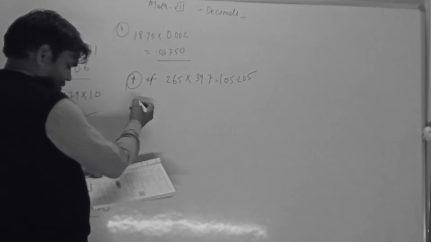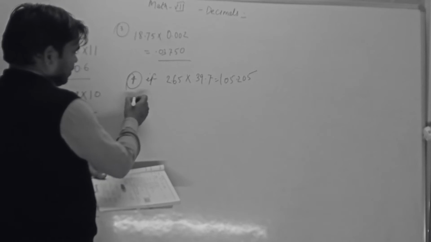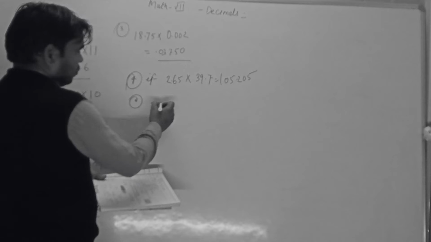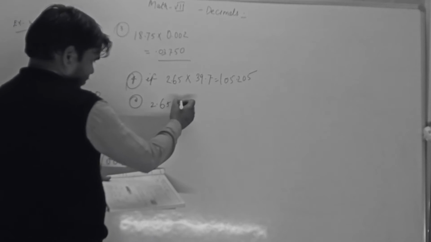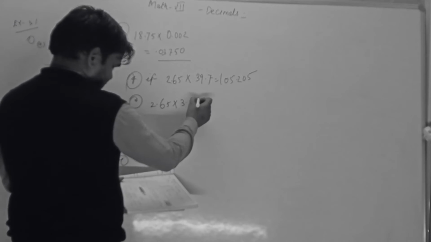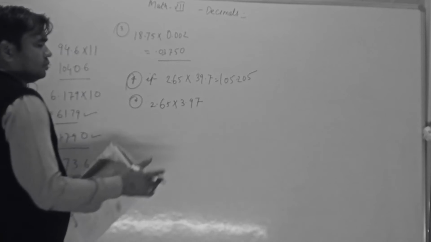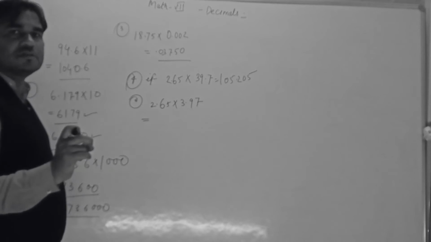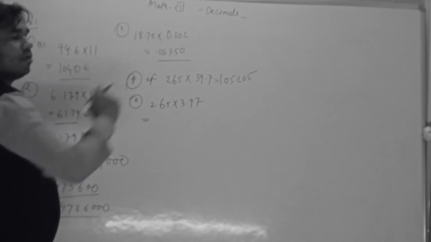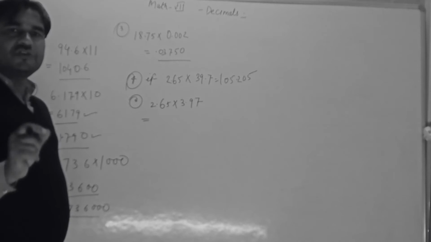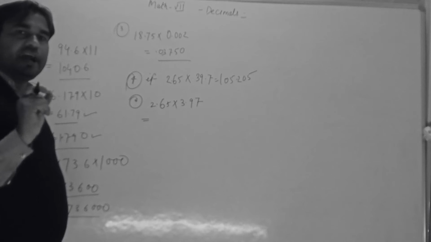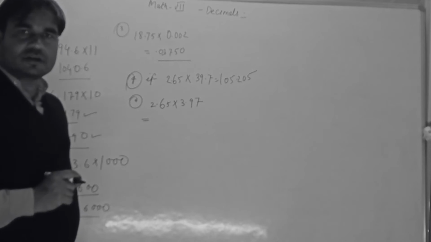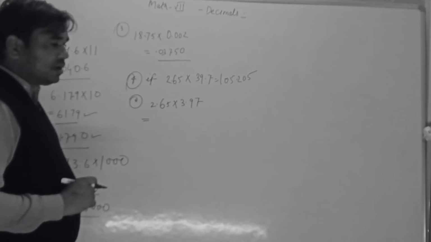So here you see, this is given. First part, that is A: 2.65 multiplied by 397. So we do not have to multiply here because the value is already given. The situation is at which place we have to put the decimal.